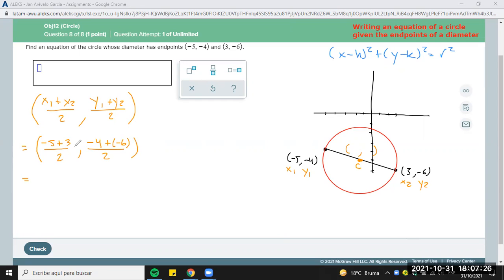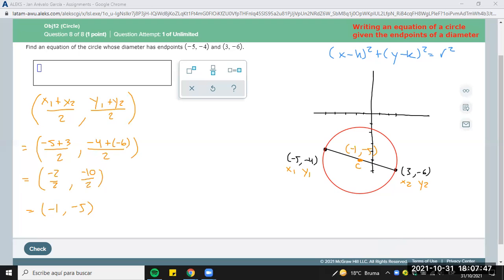And minus 5 plus 3, that is minus 2 divided by 2. Okay, minus 4 plus minus 6, that is minus 10 divided by 2. And this is minus 1 comma minus 5, right? These are the coordinates of the center of the circle.